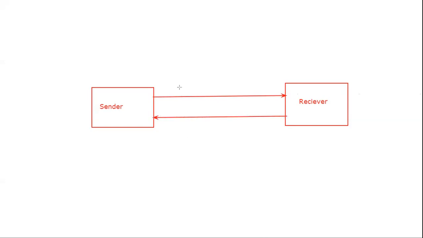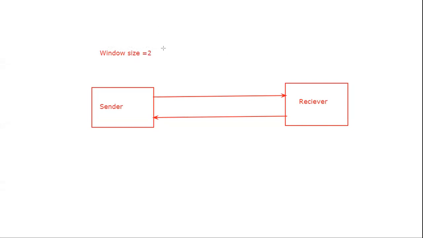Now what happens is, as I told you, the sender can send more than 1 frame. It depends on the window size. So here I'll assume the window size is 2.